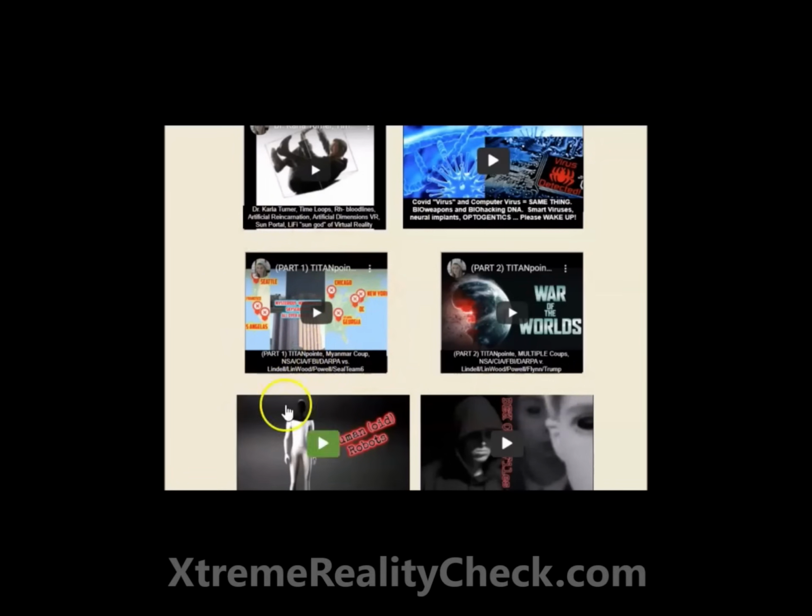And like we talked about here in the Titan Point series, these big megalithic windowless stone skyscrapers that have been built in these major cities all across the United States, housing this supercomputer, this quantum computer AI superbrain.